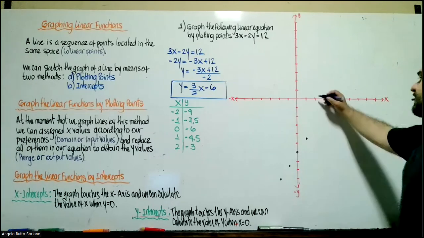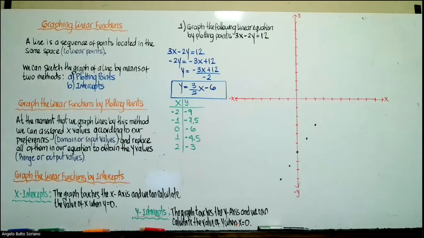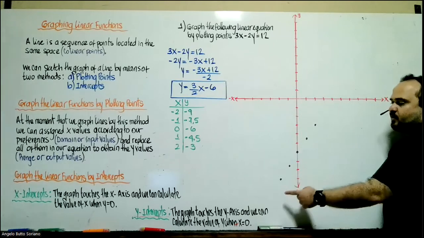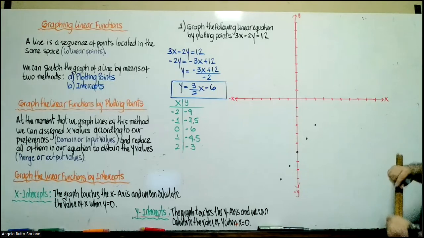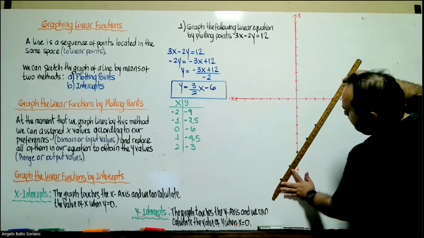And 2 with -3. And this is the geometric definition of a line. What is a line? A sequence of points in the same space, okay? For that reason, at the moment we sketch the graph, it will be easier for us to connect all of these points.